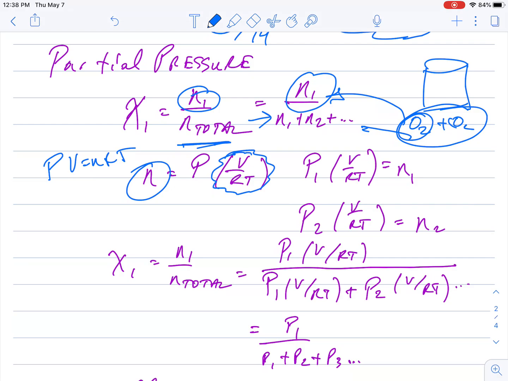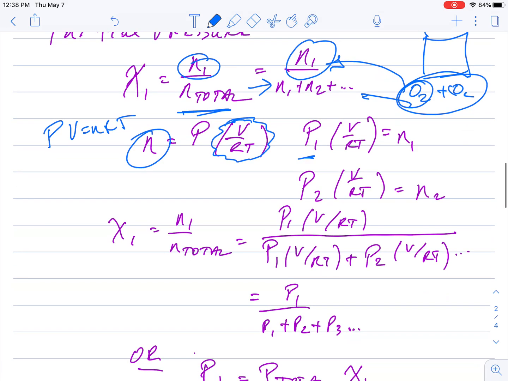Then I want to look at this in terms of my different numbers of moles. So n1, that number of moles, is also going to equal the pressure created by 1 times volume over RT. Then I can do the same thing with the second number of moles. That's going to be P2 times V over RT.